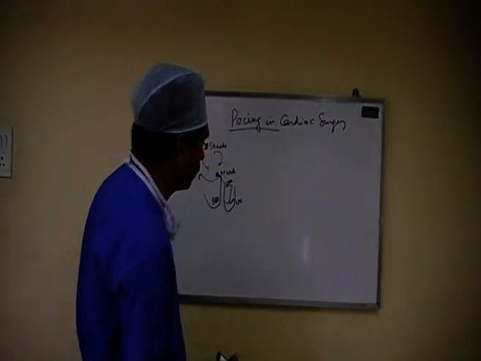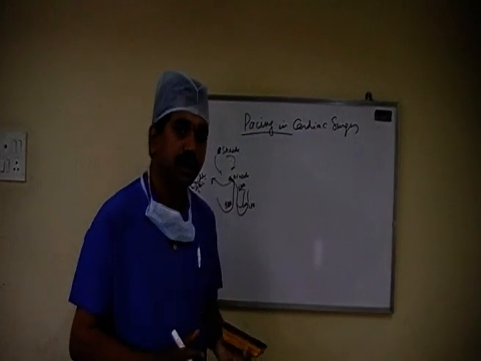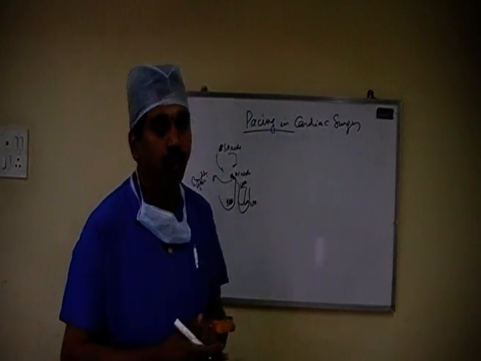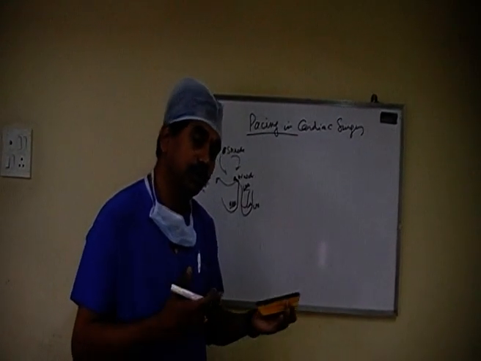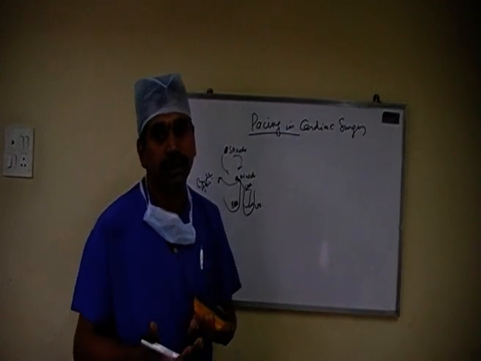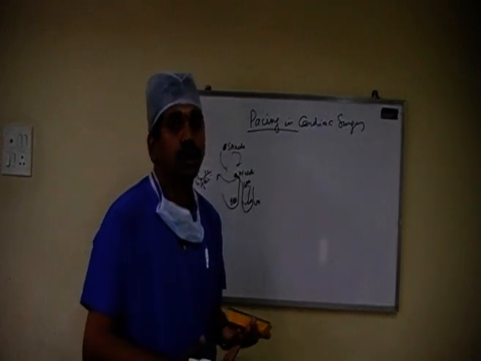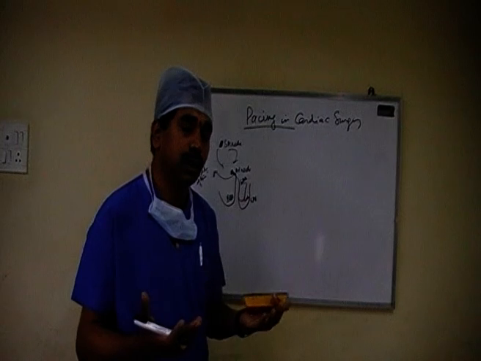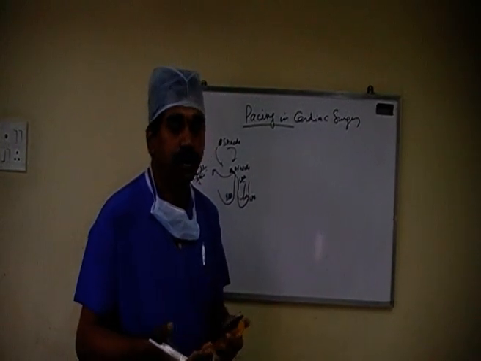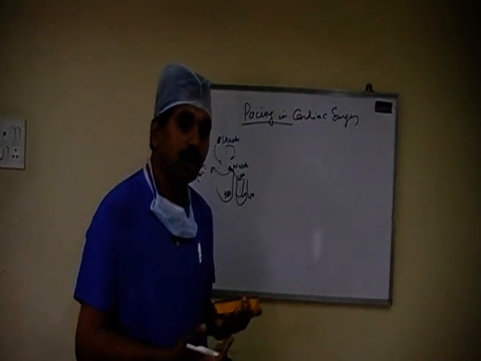But for today, what we will talk about is how to go about pacing in cardiac surgery. Often following cardiac surgery, for various reasons, the heart rate might vary, or patients may have arrhythmias, either bradyarrhythmias or tachyarrhythmias. In such situations, we may have to treat the patients with drugs like amiodarone, cordarone, ivabradine, beta blockers and so on, which slow the heart rate down.